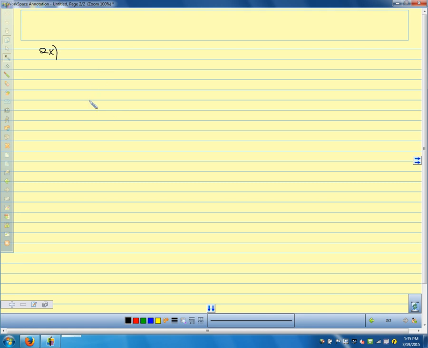So for this first one, here's our air traffic control tower. And here's an airplane up here. And down here on the ground is a person standing here. And I'm going to draw some angles here.